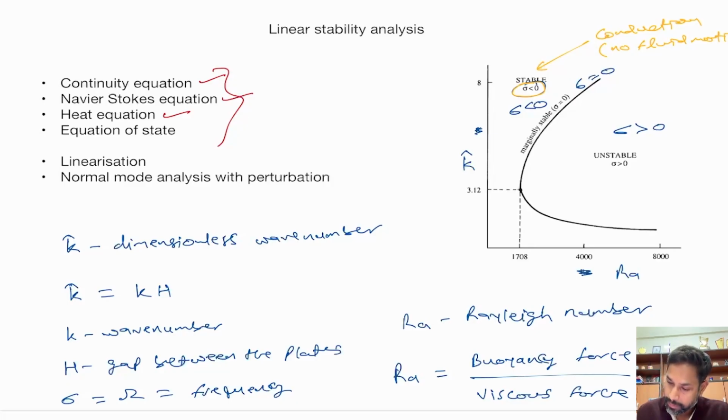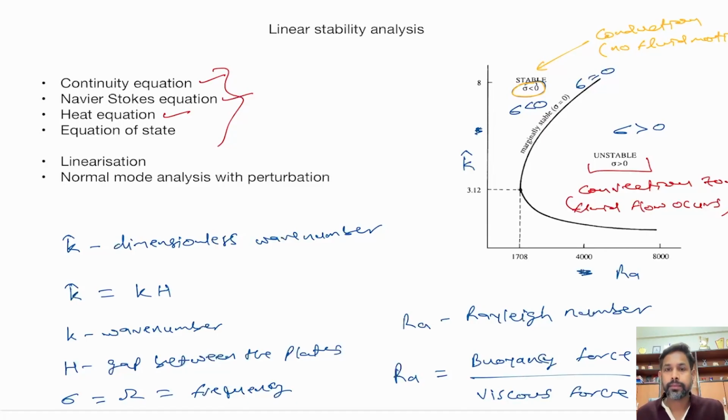Okay, but in this case, this is the unstable case. This is basically the convection zone, right, where fluid flow occurs.